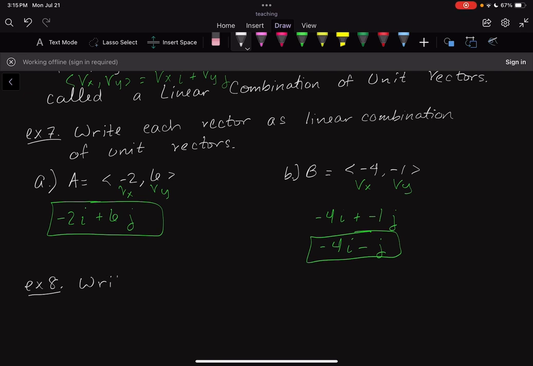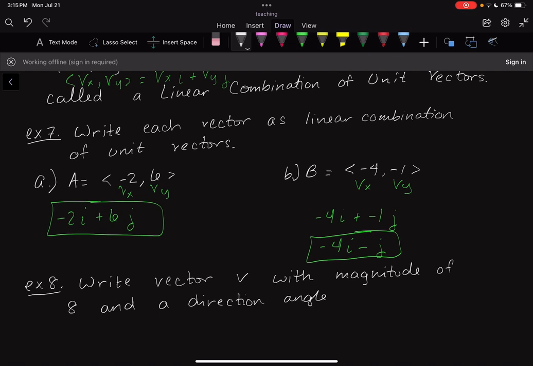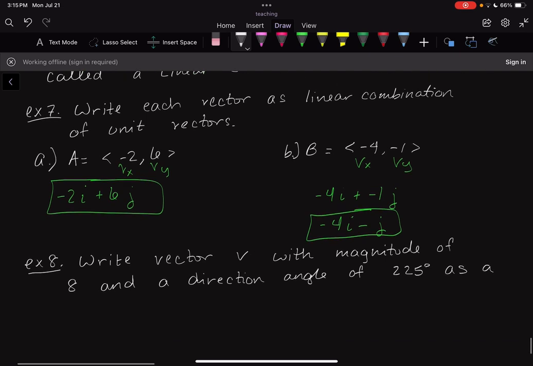Write vector v with a magnitude of 8 and a direction angle of 225 as a linear combination of unit vectors.